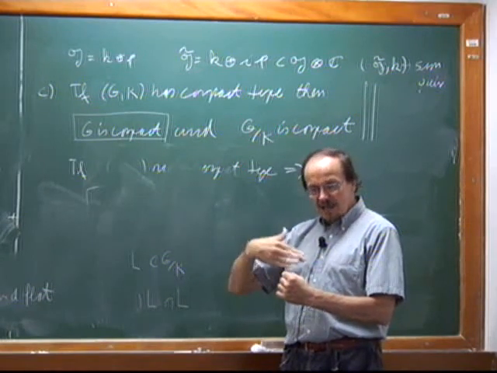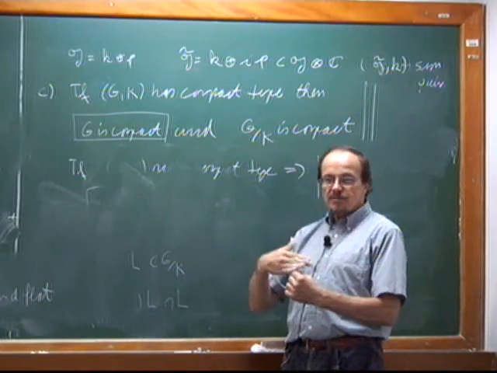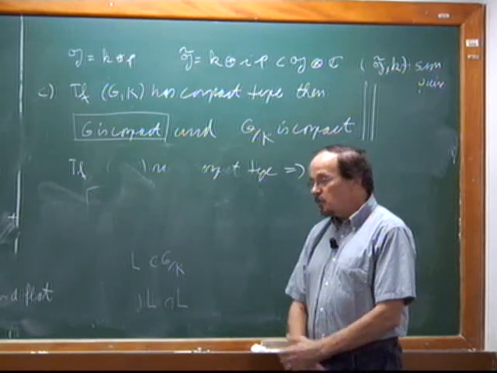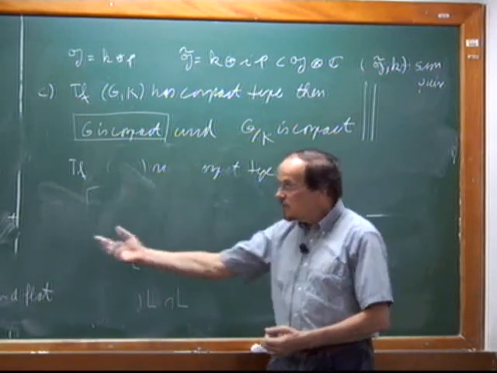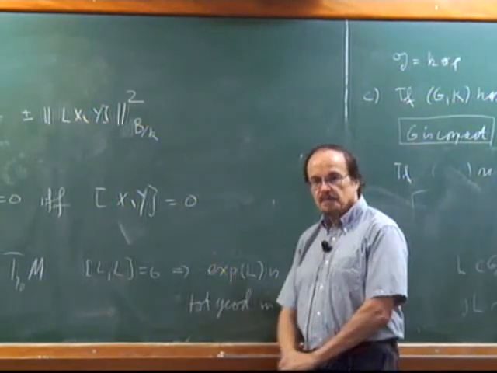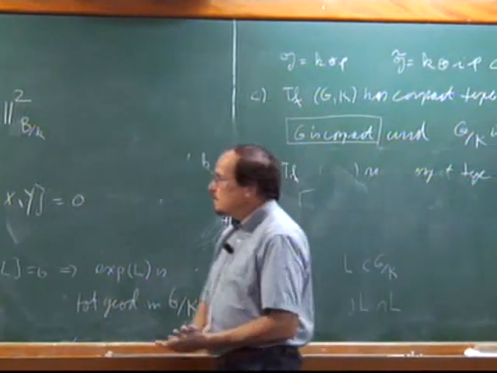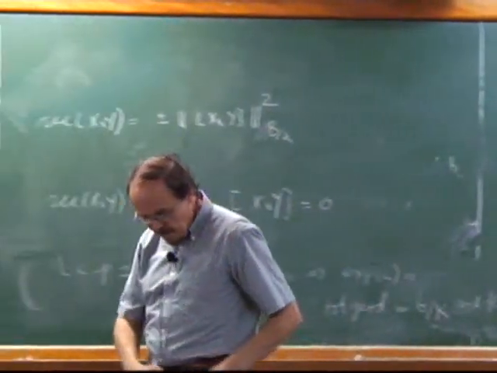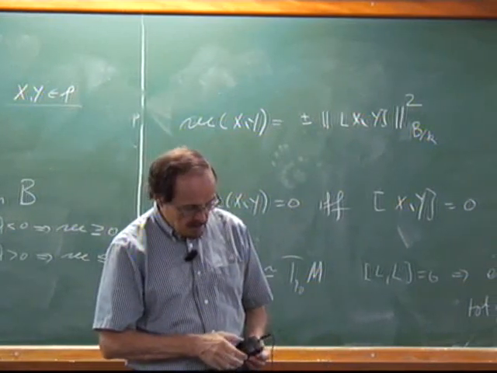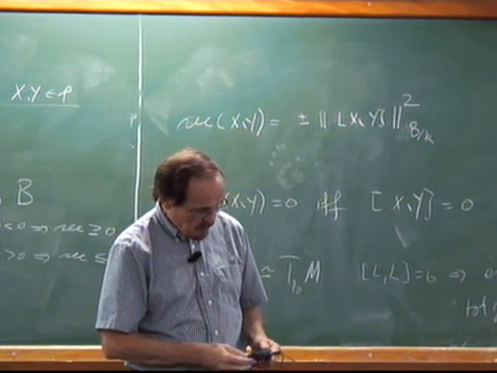Left translating things will never give you a foliation. But it will give you something that's isometric, and in this case you get lots of flats. From one pair like this, you get lots of flats in your manifold. In fact, this helps you define what's called the rank of a symmetric space, which I should talk about next week. Okay.